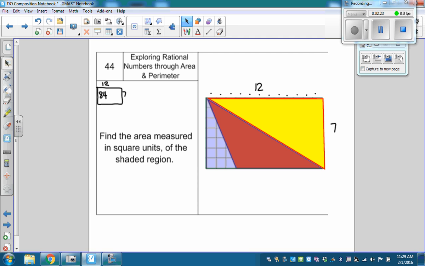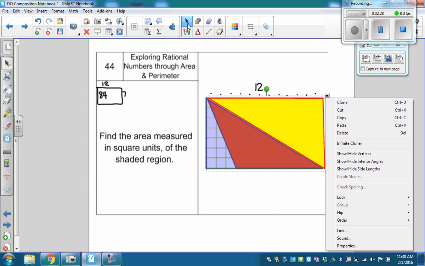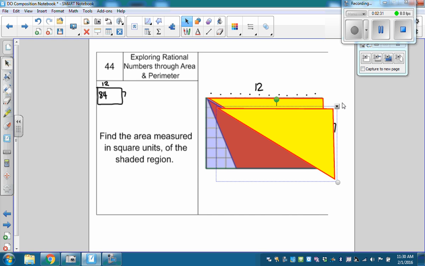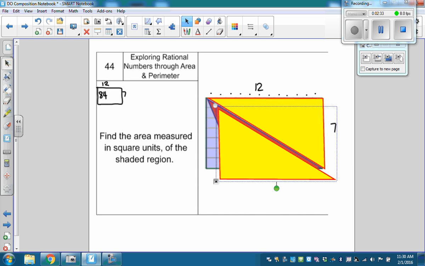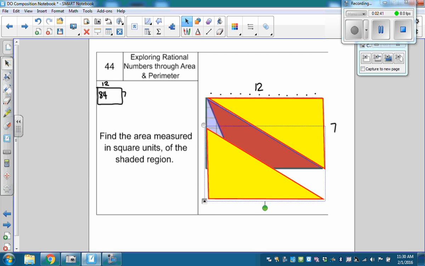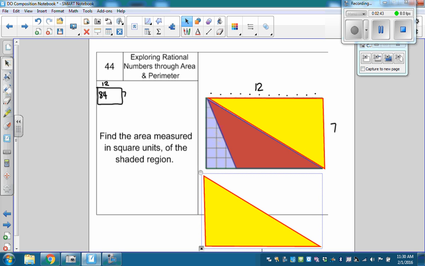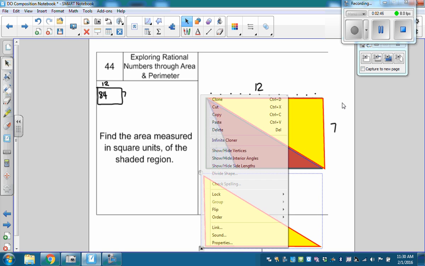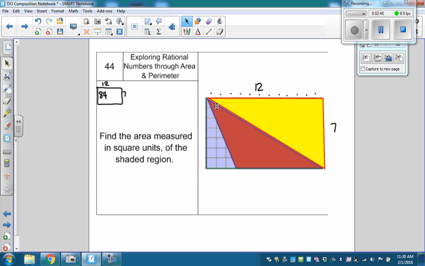And this triangle here, I think you guys can see, if I clone it and rotate it, together that yellow triangle is exactly half of the rectangle. So the yellow triangle up here is half of 84. 84 divided by 2 is 42 square units.